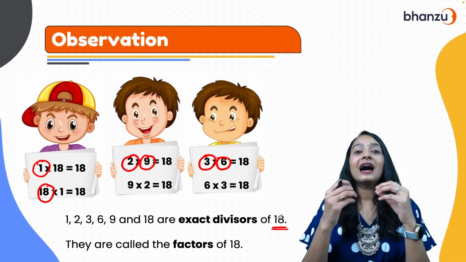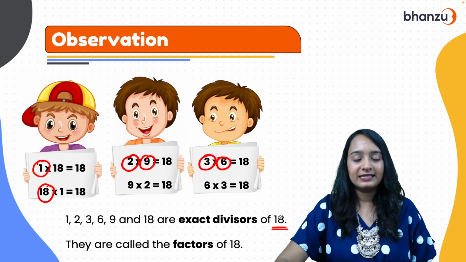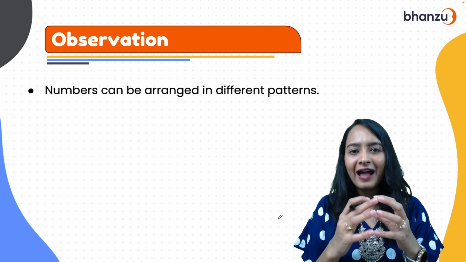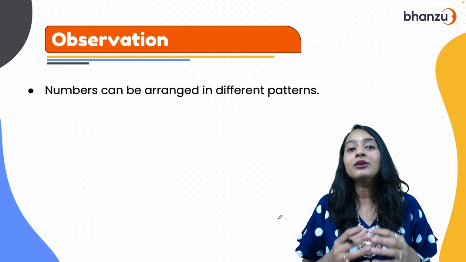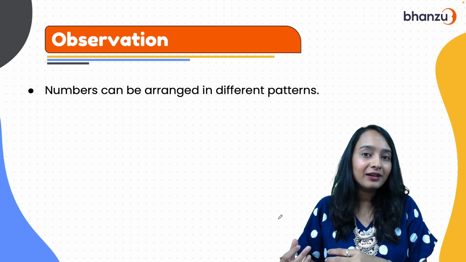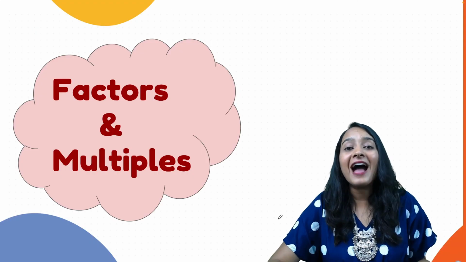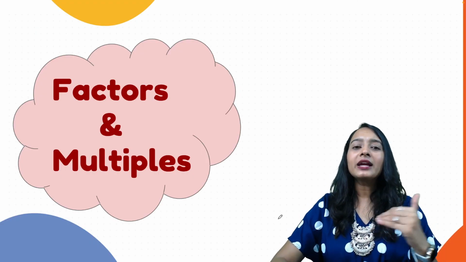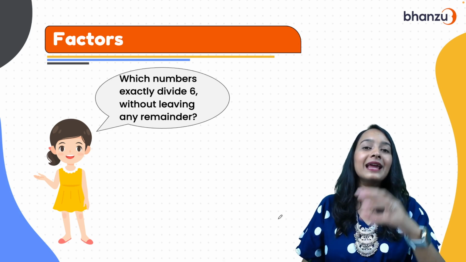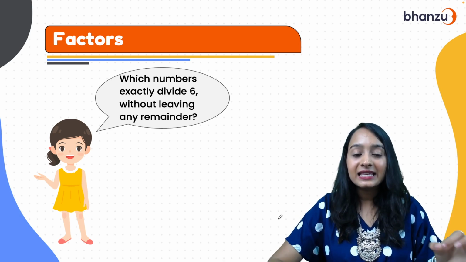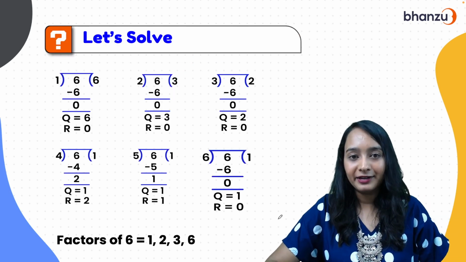That means they are the factors of 18. Now what are factors here? But before we move into that question, remember that numbers can be arranged in different patterns depending upon how many factors they have.